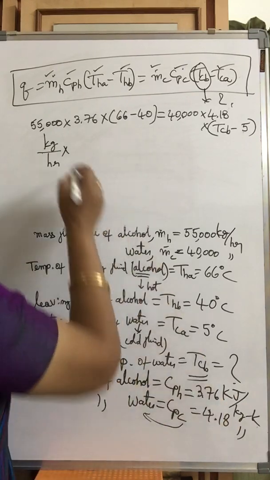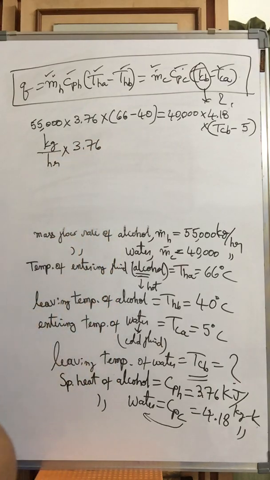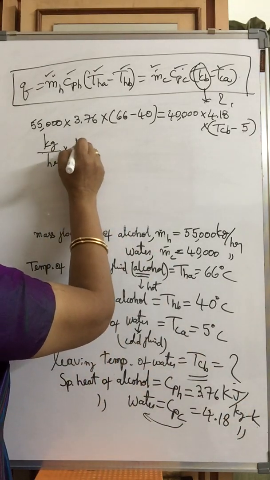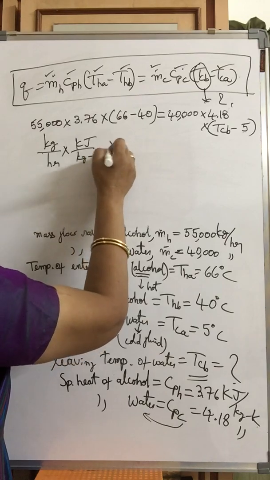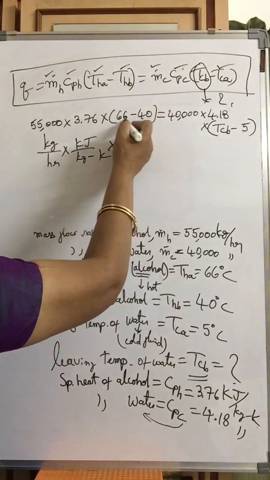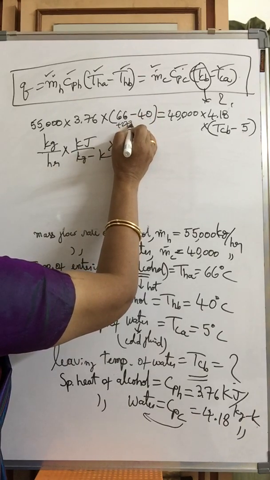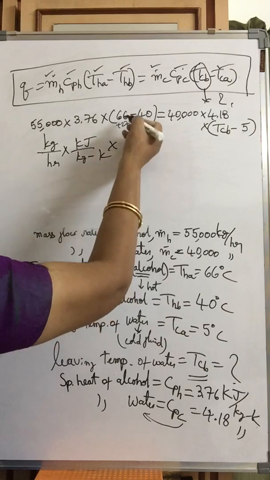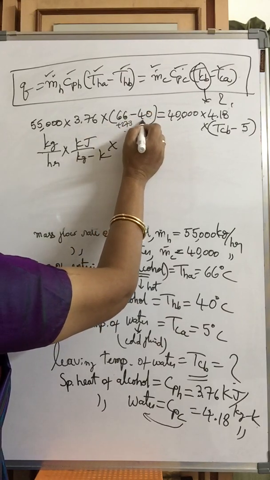So CpH is 3.76, sorry, this unit we will write: kilojoules per kg per Kelvin, into Kelvin. Why is this Kelvin or centigrade? Both are the same. You are converting but not showing it, but you can show it like this below: 66 plus 273 and 40 plus 273.